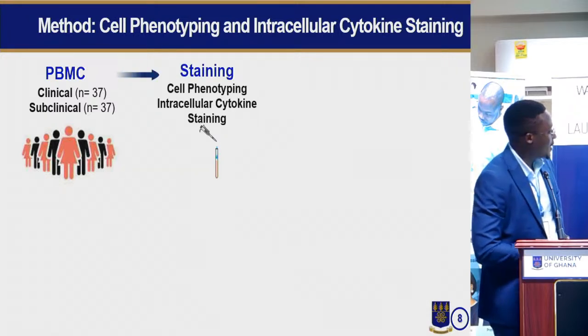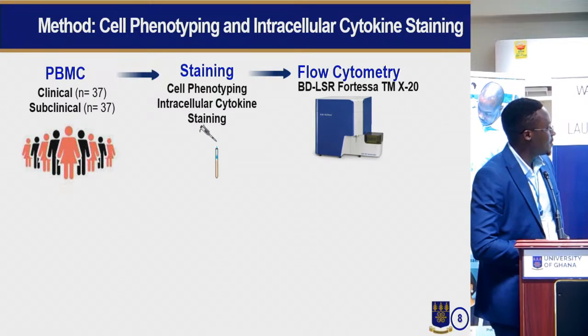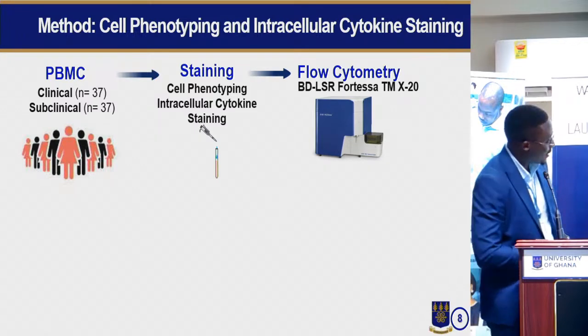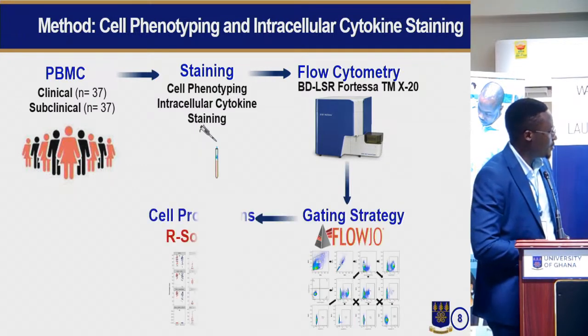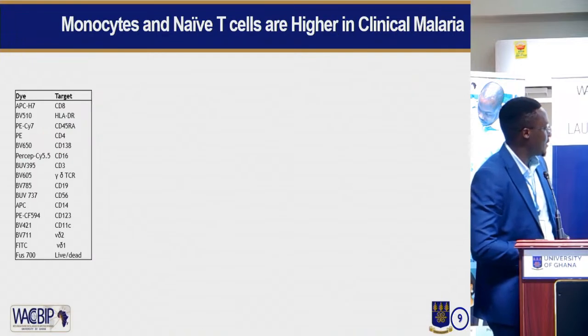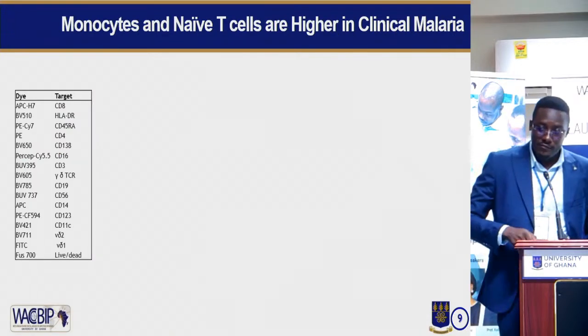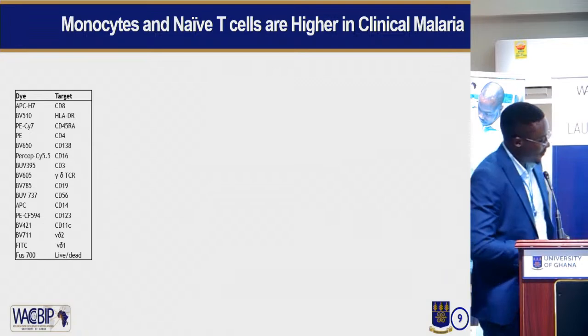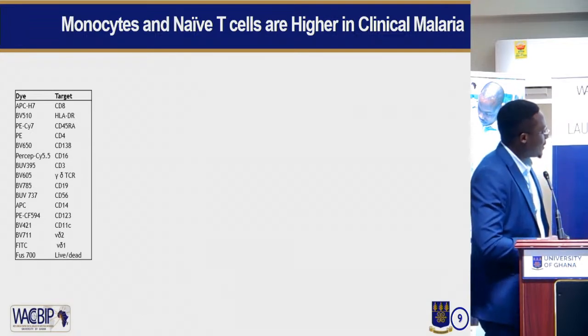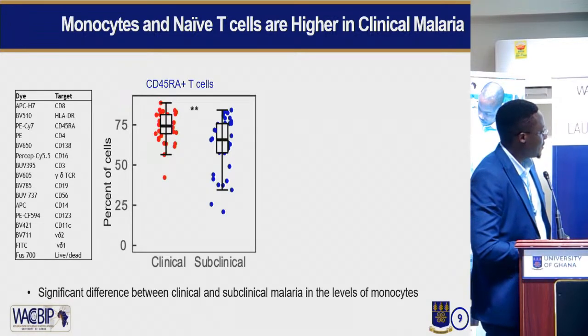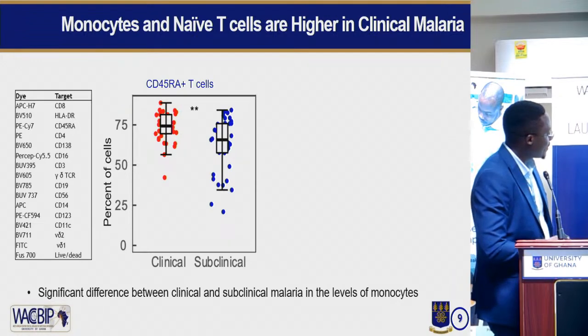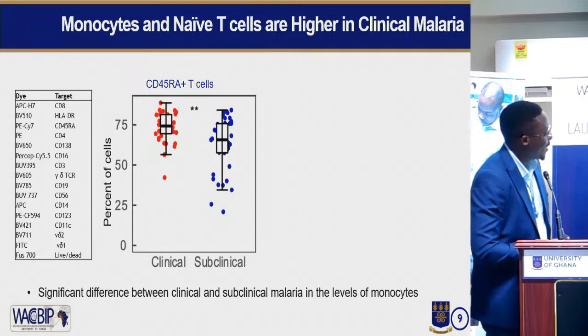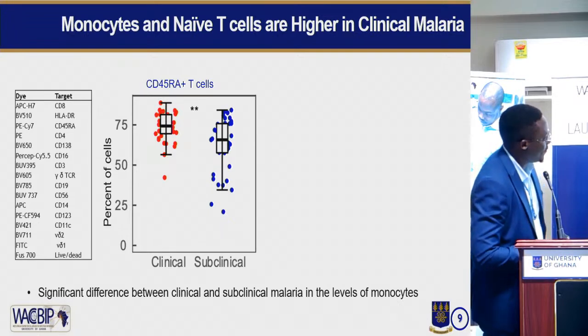We did cell phenotyping and intracellular cytokine staining, and we used flow cytometry to analyze this data. We stained about 15 different parameters, and what we found was that of all the 15 parameters, CD45RA positive T cells were significantly higher in clinical malaria infections compared to the subclinical infections.